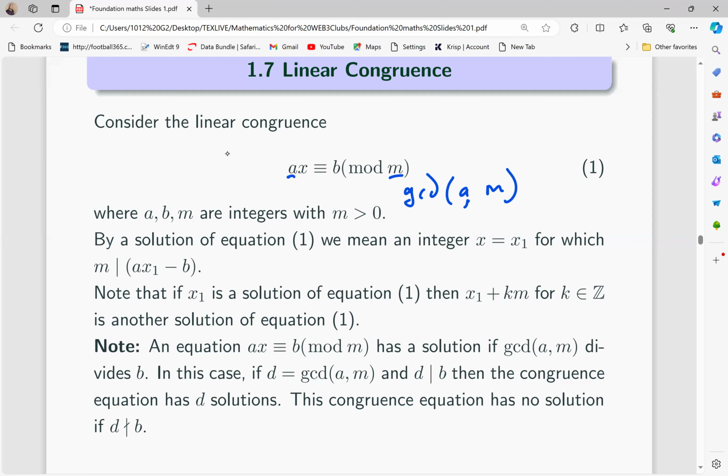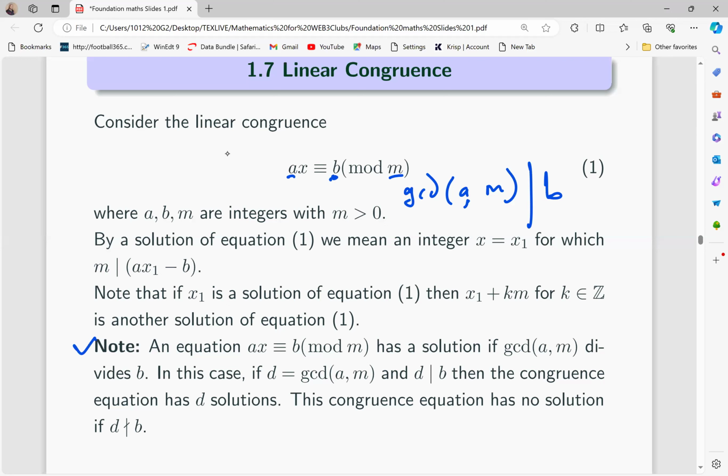If the GCD of A and M can divide B, then we say that this linear congruence equation has a solution. And of course, the number of solutions will be equal to the GCD. So that's what I've written here.